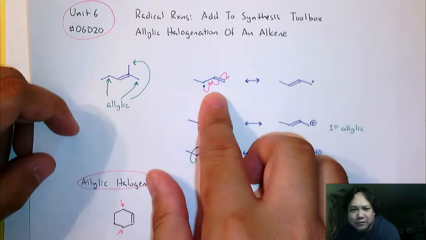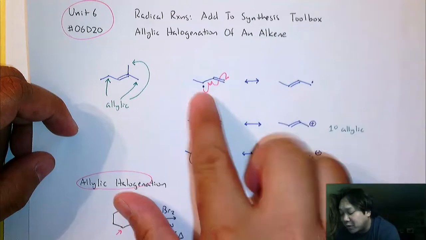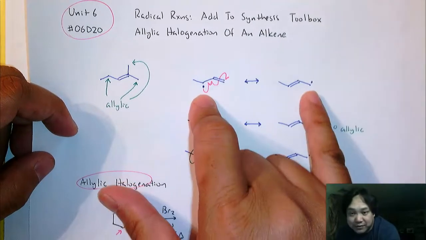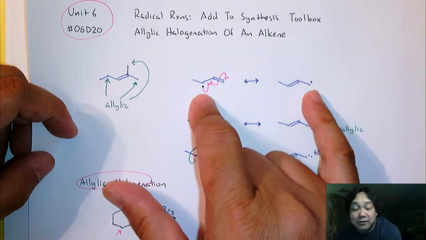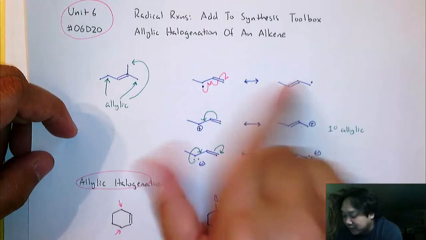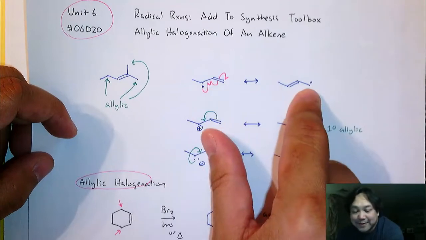Well, what does that do for us? Well, it actually gives us a mixture of products, because the bromine now could go on 2 different carbons. They're both allylic, but because the double bond shifted, we get a new allylic carbon. Okay. We're going to take this stepwise and do a couple examples.